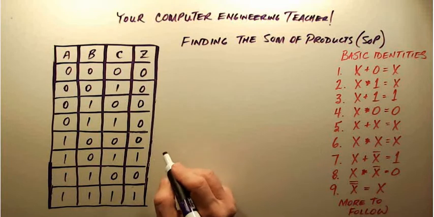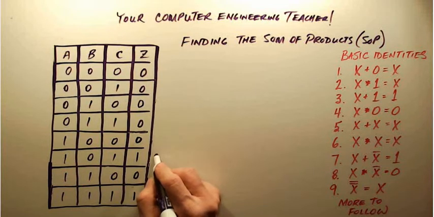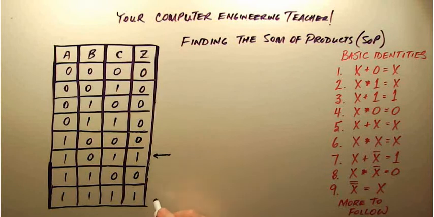So I'm going to take a look at this here. If we're going to find the sum of products, step number one tells us that we have to find those outputs that are high. So in this case here, we've got these two outputs here that are high.